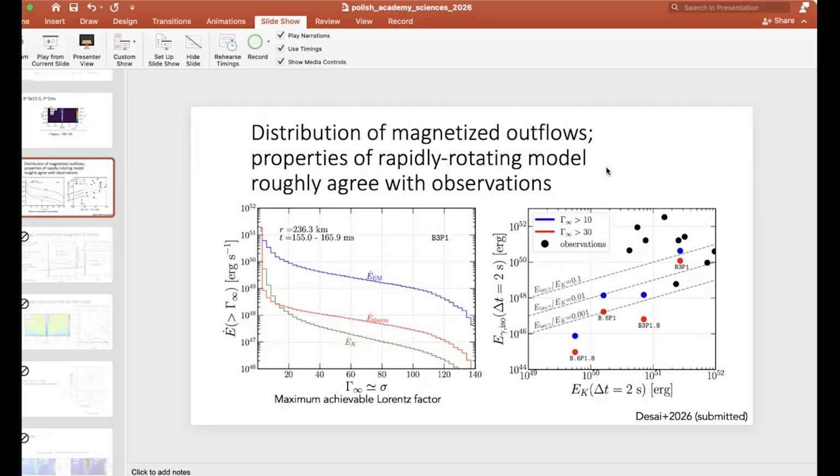How is it possible? So we also don't really track the evolution over long timescales. We only model these steady state winds, so around 100 milliseconds, and these GRBs can last for several seconds, right?